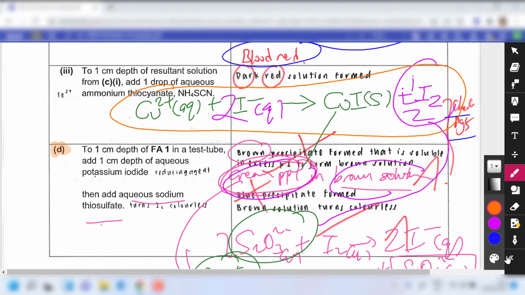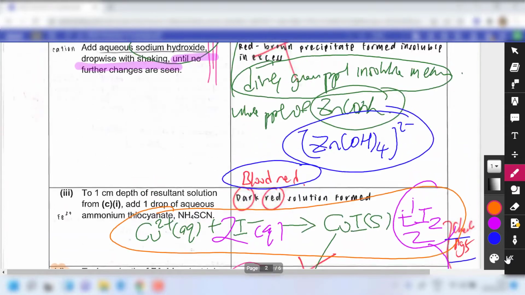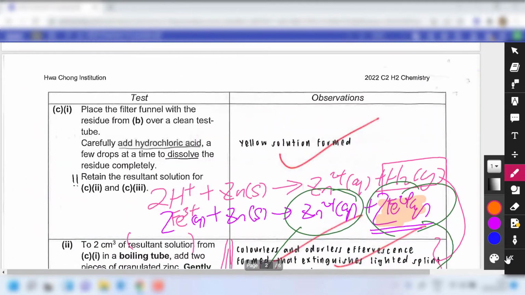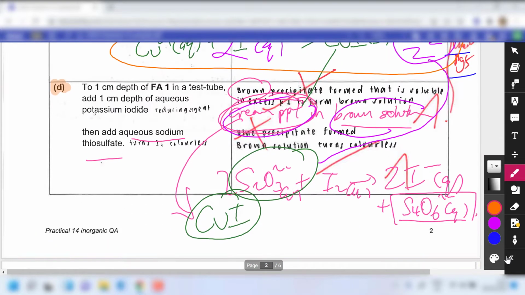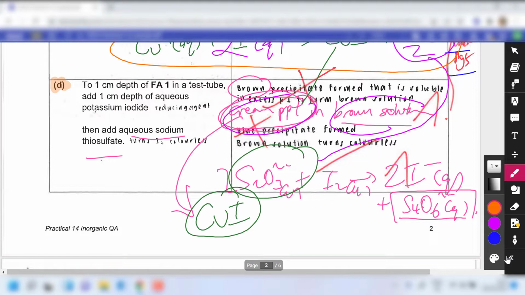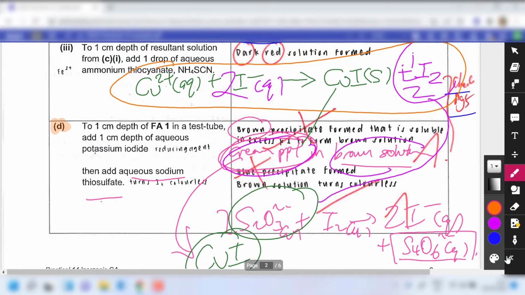If you ask me what other cations will be able to oxidize iodide, another one is iron 3 plus. We are aware that Fa1 from the front actually contains iron 3. So are we also getting iron 3 oxidizing iodide to iodine?